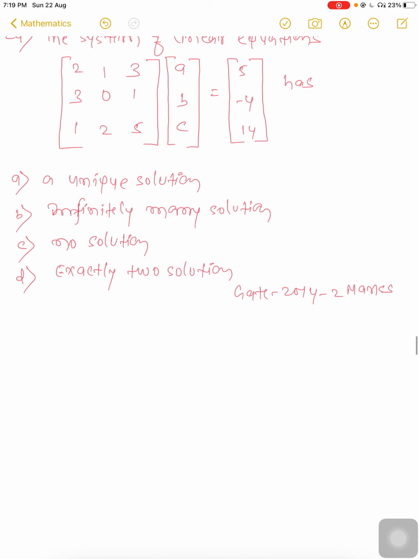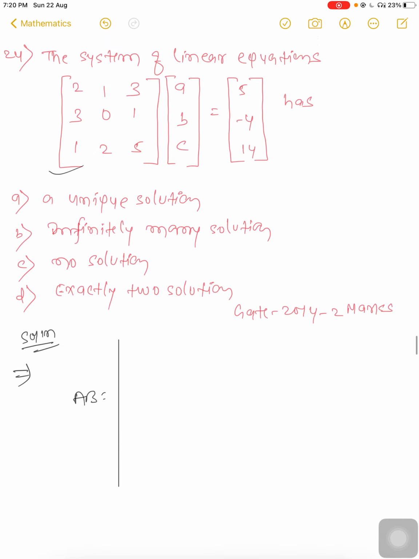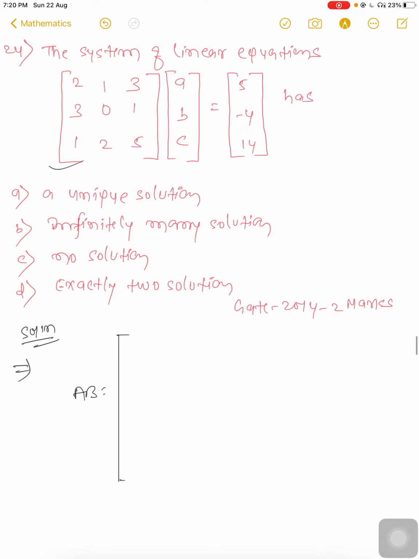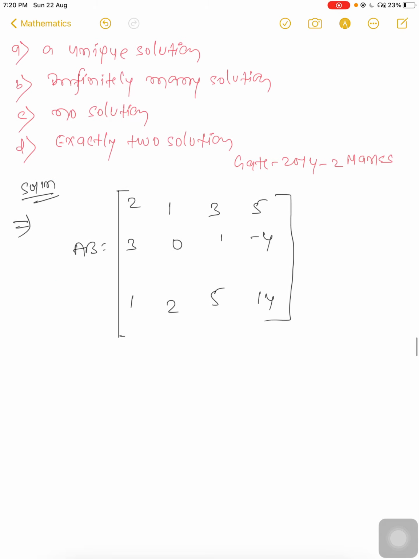The system of linear equations given here. A is given, and make the augmented matrix AB and find out the rank. Then you will get 2 3 1 1 0 2 3 1 5 and here 5, minus 4 and 14.